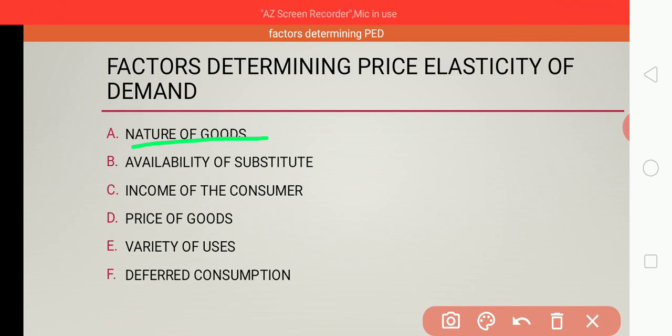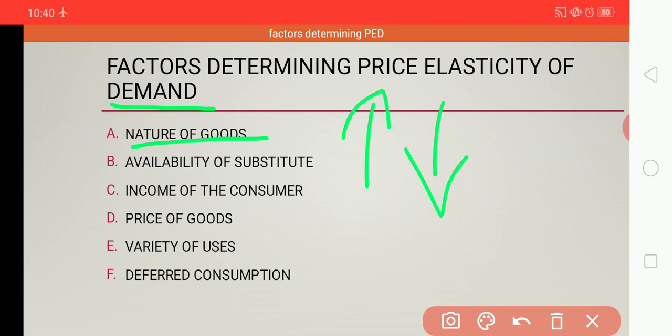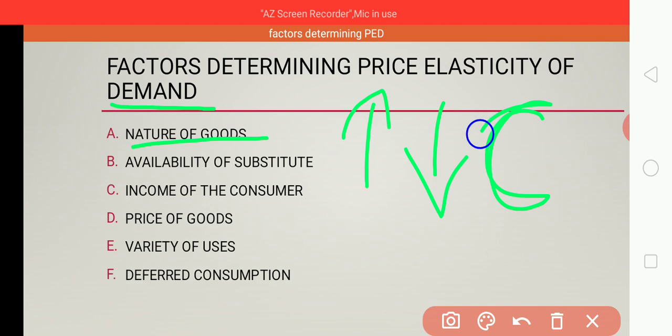These goods are for life, and the demand for such goods does not change much in response to the change in their price. The most important thing you have to observe is that the concept is all about demand, and whether the demand may increase, decrease or remain constant.